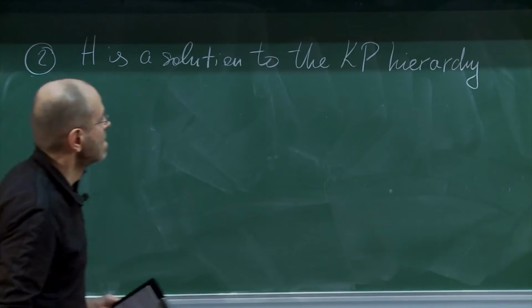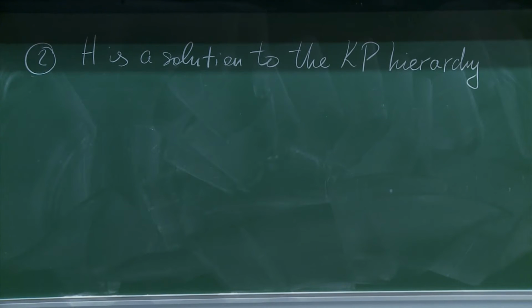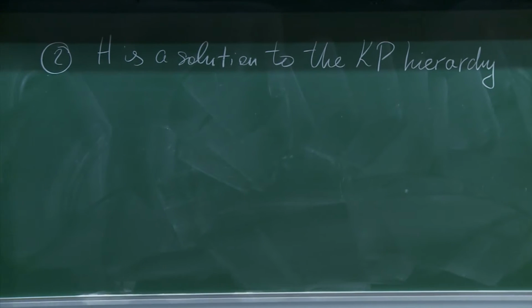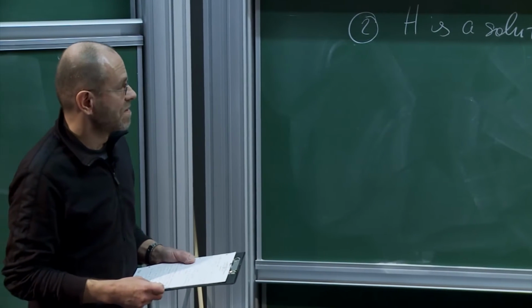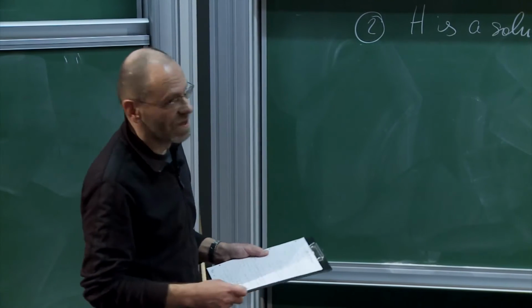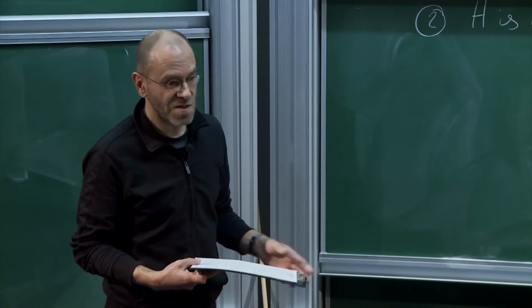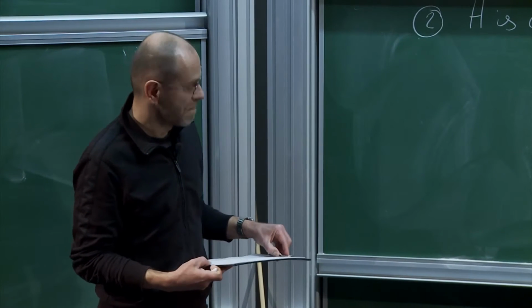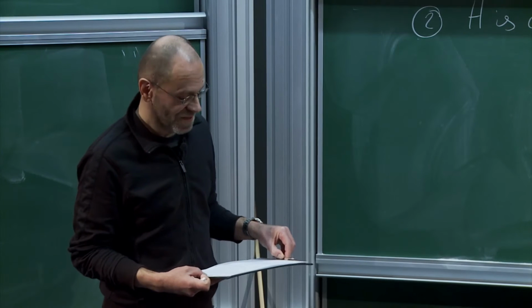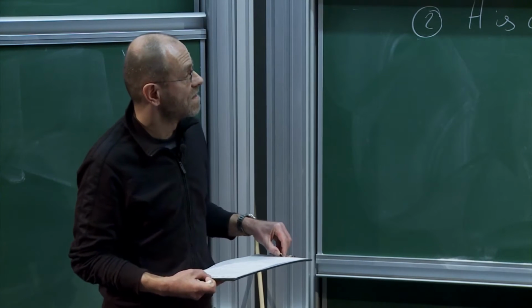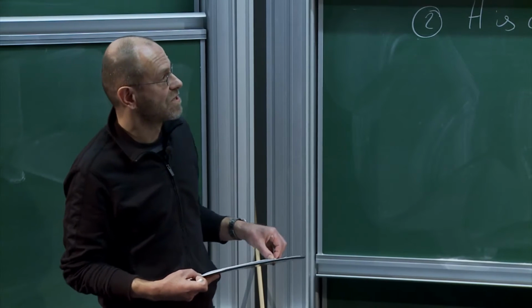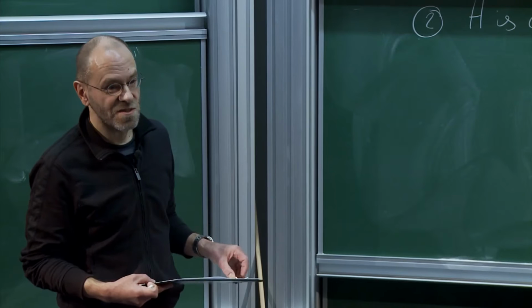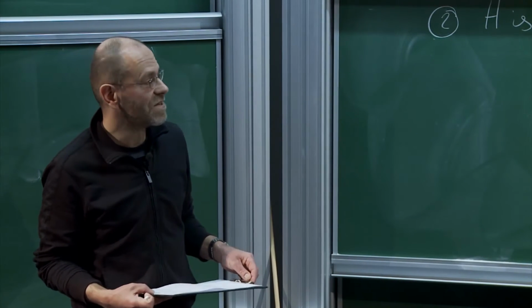So the equations of this hierarchy were written by Maxim Kazaryan in his talk. So I'll write a couple of equations somewhat later, but just in a few words, that's an infinite system of nonlinear partial differential equations, rather complicated, and generally speaking, it's pretty hard to decide whether a function satisfies this infinite set of equations.